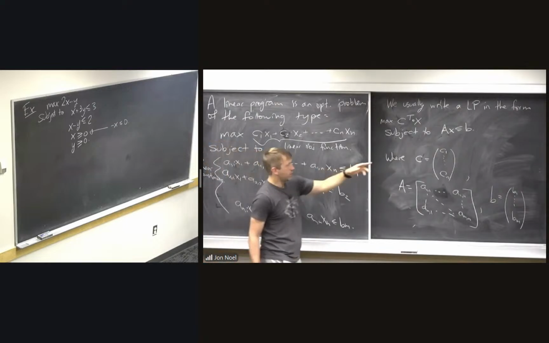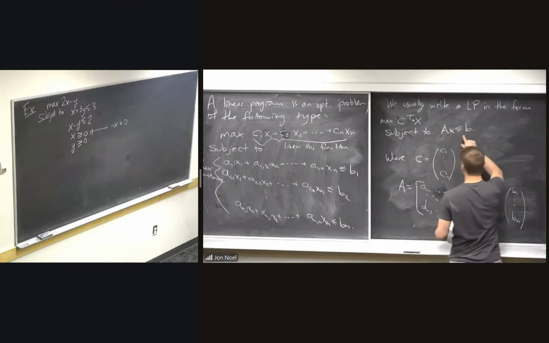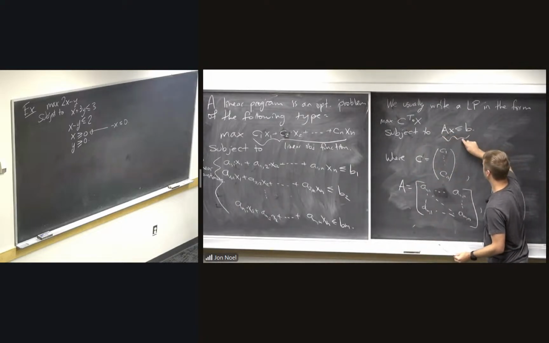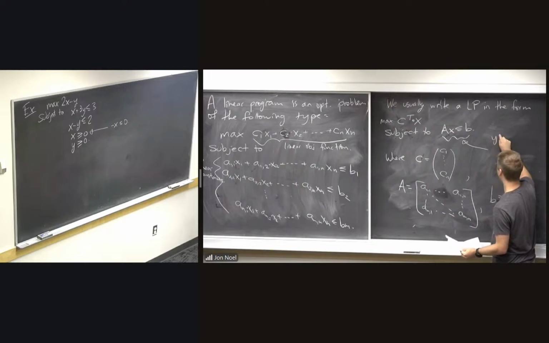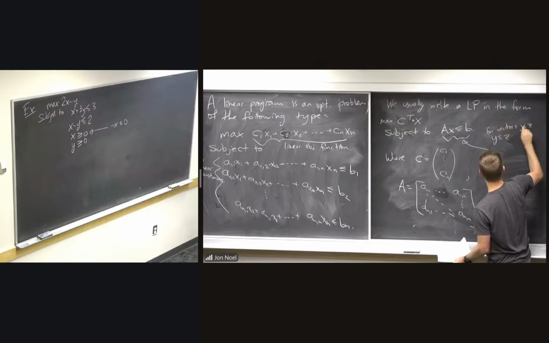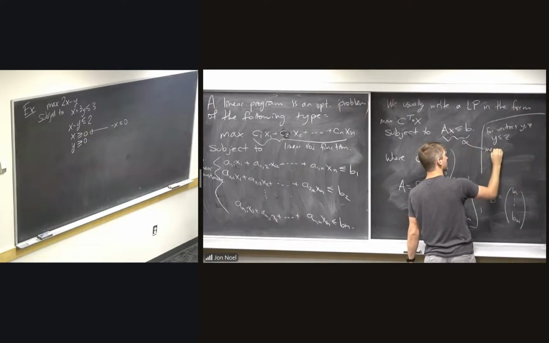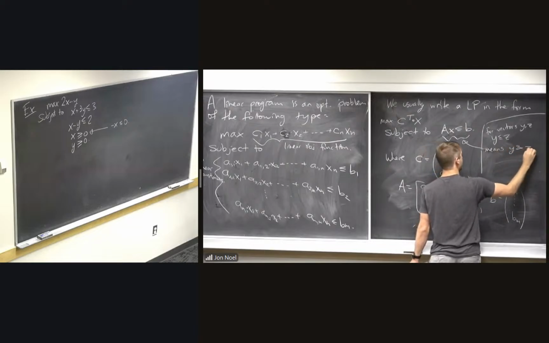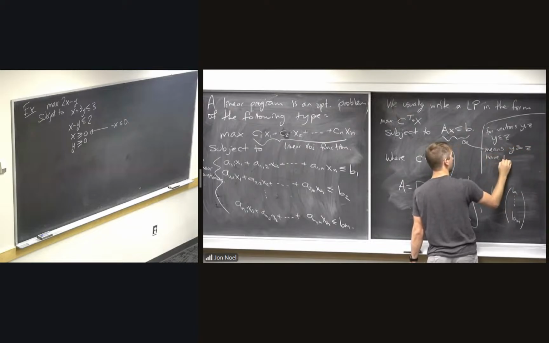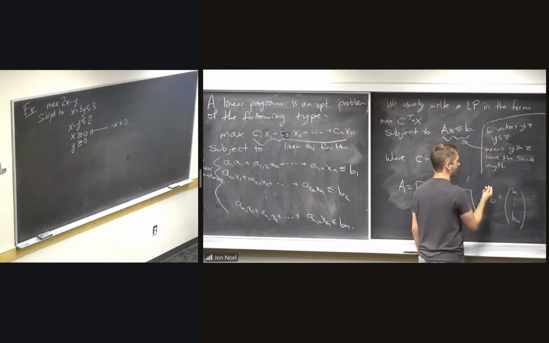Maybe I should say what I mean, because A times x is a vector, right? So we need some kind of meaning for this statement. If I've got two vectors, y and z, writing y is at most z means y and z have the same length, because we can't compare vectors of different lengths.